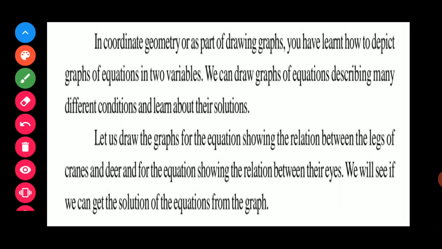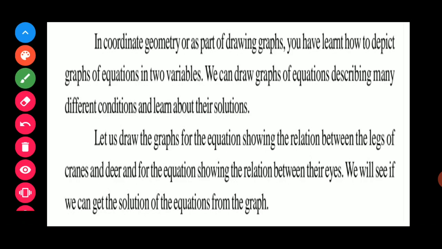So first of all, in coordinate geometry, as a part of drawing graphs, you have learned how to depict the graph of an equation in two variables. We can draw graphs of equations describing many different conditions and learn about their solutions.